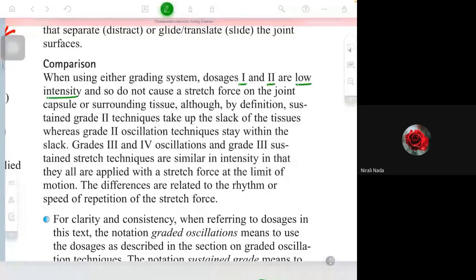In both the techniques, 1 and 2 are low intensity and do not cause stretch force on the joint.